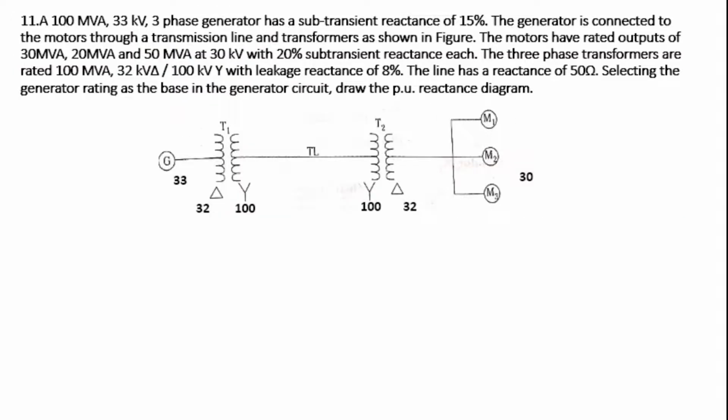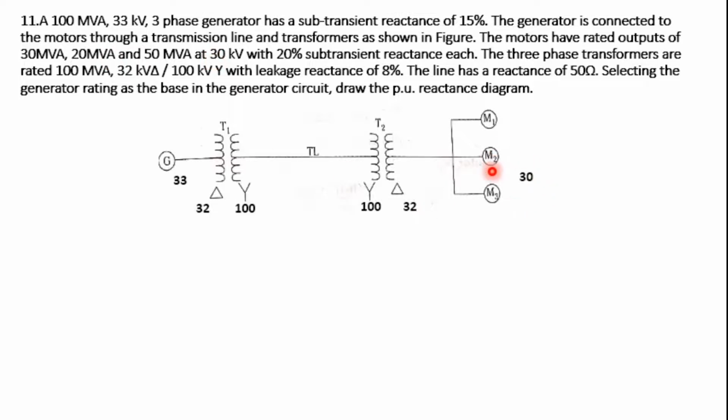Consider the numerical. A 100 MVA, 33 kV three-phase generator has a subtransient reactance of 15%. The generator is connected to the motors through a transmission line and a transformer, as shown here. The motors have rated outputs of 30 MVA, 20 and 50 MVA.